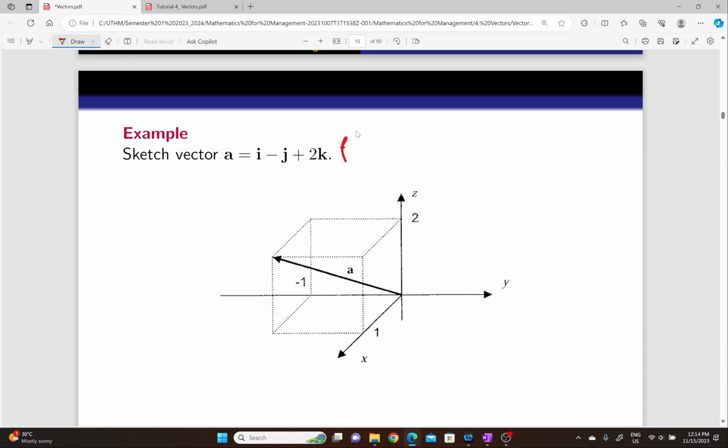The 1 is here, and -1 is this side, and 2 is here, and you draw a 3D cuboid kind of thing, and then you join the diagonal. Basically, just to show you the geometrical representation of a vector in 2D and 3D. 2D means just a Cartesian coordinate like this. 3D means it is like this. 3 axes.